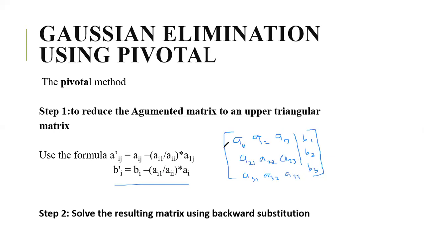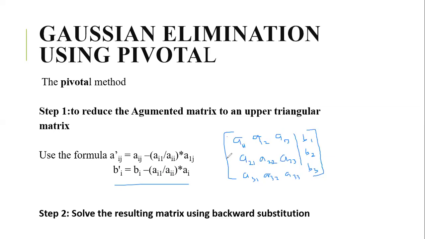Our objective is to get an upper triangular matrix, which means every value under the leading diagonal should go to 0. So A21 should be 0, A31 should be 0, and then A32 should also go to 0.